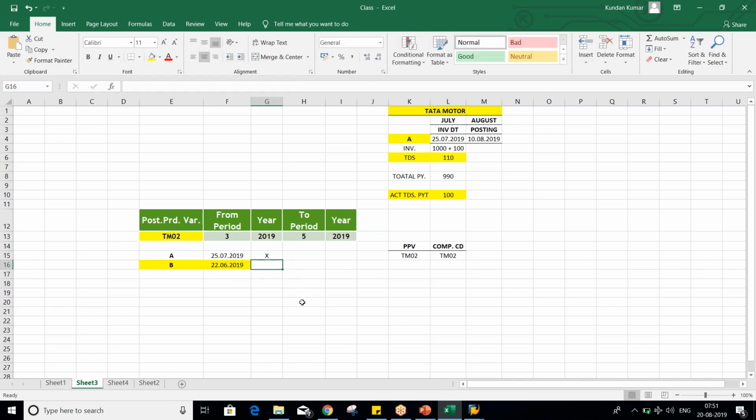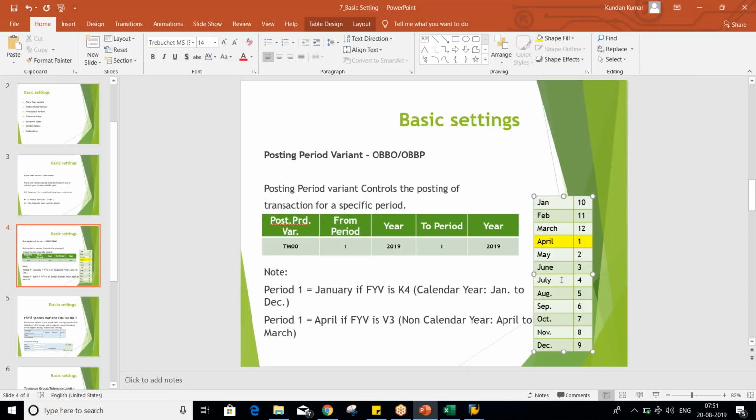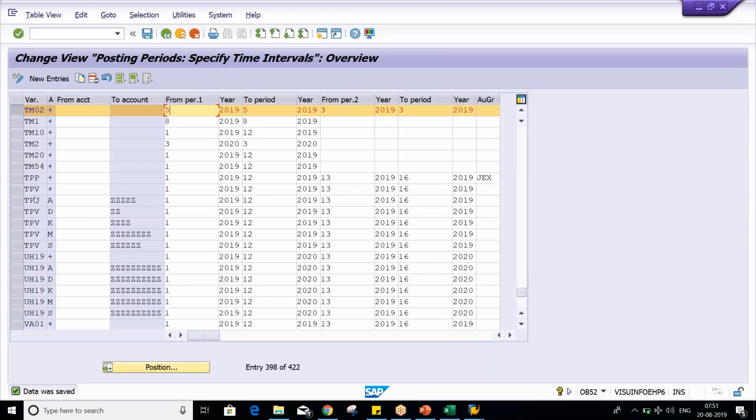If A is trying to post the transactions, the system is finding that the 7th, in the sense July, means fourth period. So the system is going to check, okay, against TM02 in from period 1, what is there? 5th, in the sense August, right?